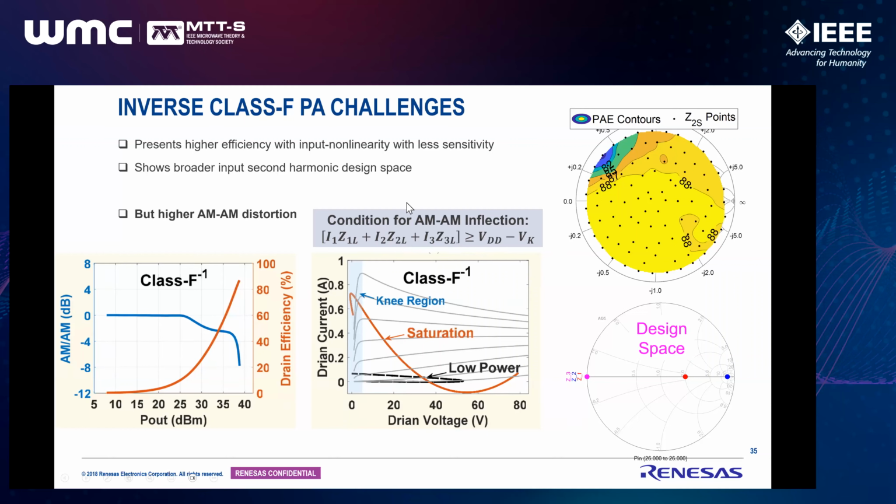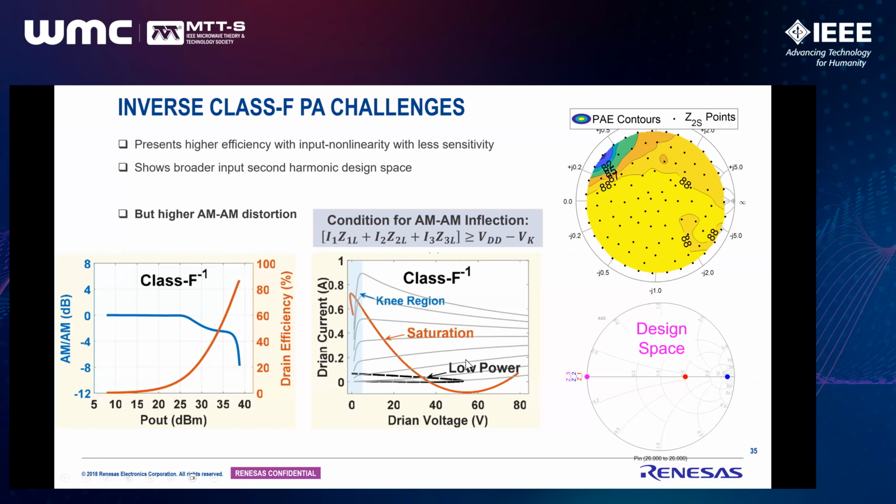So that's one disadvantage of conventional inverse class F. Because of the high Z2L component, it generates a high V2 component, which is I2 Z2L, and increases the voltage swing significantly even at very low power and starts compressing the device. And that's why you can see even at 15 dB back off, it has started compressing the AMAM, and it keeps going like that.